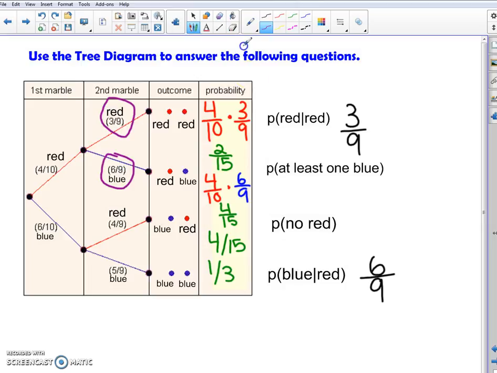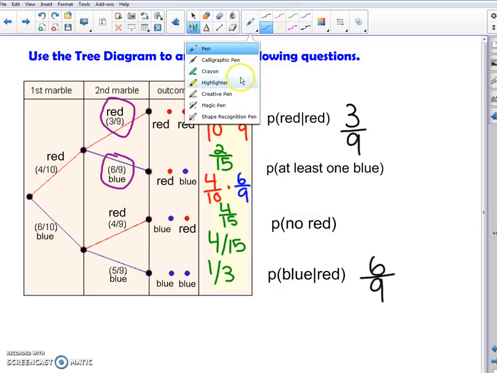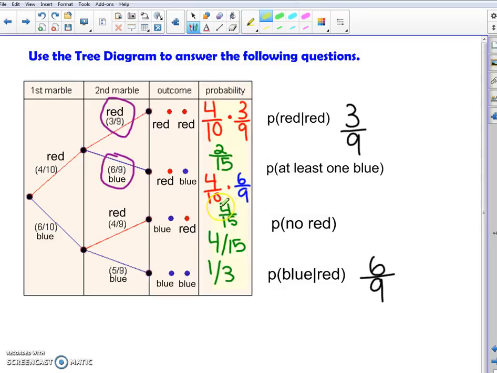So when we do that, we know that this answer is one of the ones I'm looking for because I do have a blue marble here. And then when we go down here, we pick a blue marble first, so I know that I at least got one blue marble because that was my first pick. So both of these are at least one blue marble was picked.